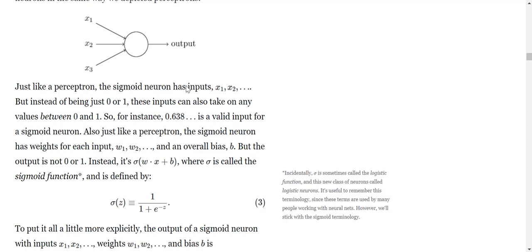Also, just like a perceptron, the sigmoid neuron has weights for each input, w1, w2, and so on, and an overall bias b. But the output is not 0 or 1. It's instead sigma of w dot x plus b, where sigma is called the sigmoid function and it is defined by sigma of z equals 1 upon 1 plus e to the negative z.